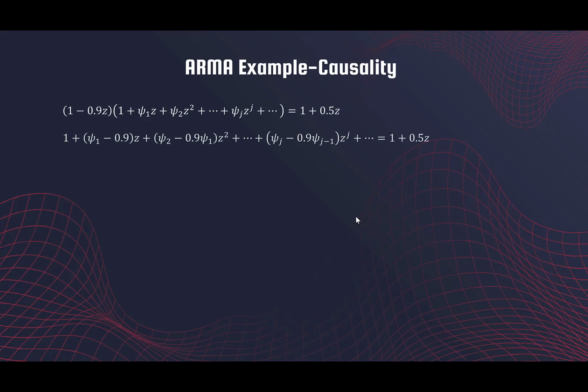So we'll open up the terms on the left hand side, and we'll collect all of the terms with z, z squared, z raised to j, and so on together. And so now you can see that there is 1 on the right hand side and left hand side, so that holds true. For z, the coefficient is 0.5, and here is psi 1 minus 0.9. So we want psi 1 basically such that psi 1 minus 0.9 is equal to 0.5.